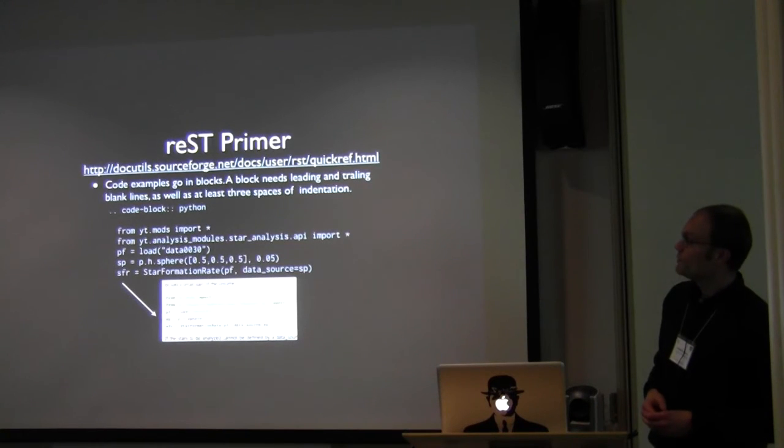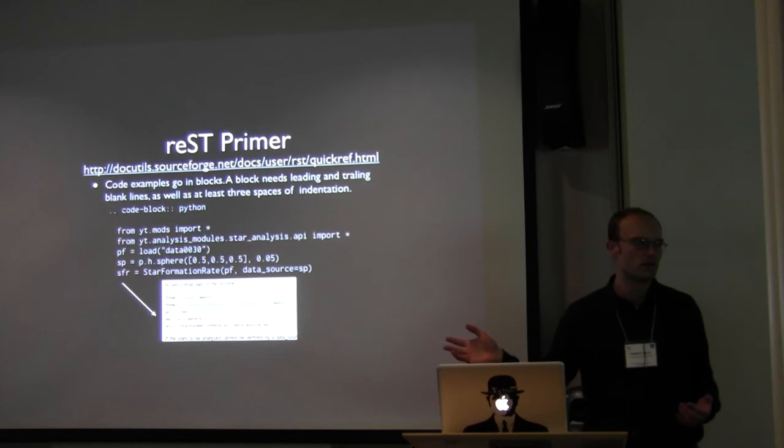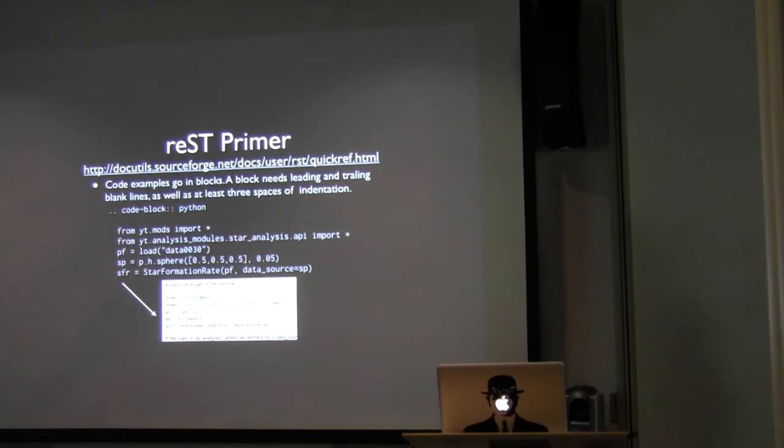One nice thing about REST is you can include code examples that are set out visually in the document from the rest of the text, so that people can look at it and say, oh, here's Python code. It's the best place to put examples. So it starts with this code dash block, as you can see here, and then you include your code below it.